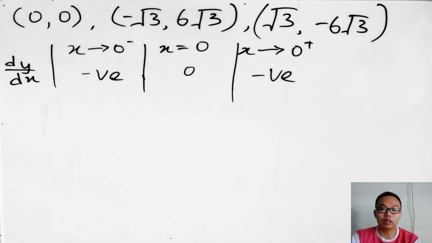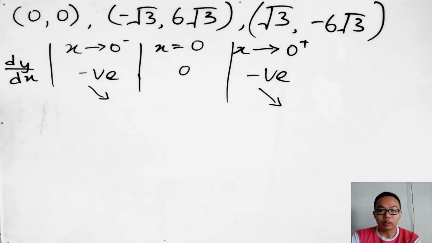And when we substitute a number of x approaching 0 where the number is bigger than 0, the dy/dx we get is a negative value. So from here we can see the slope trend at that point. So from the trend you can see that (0, 0) is a point of inflection.